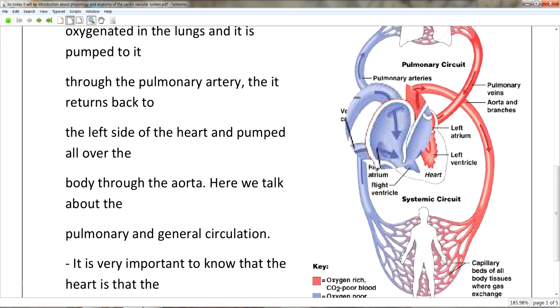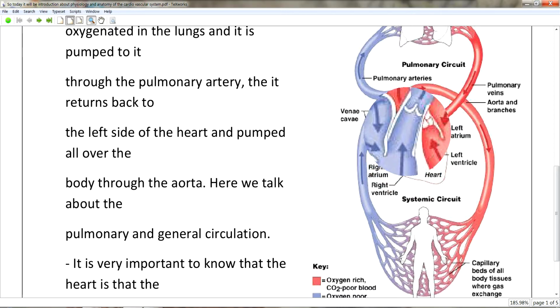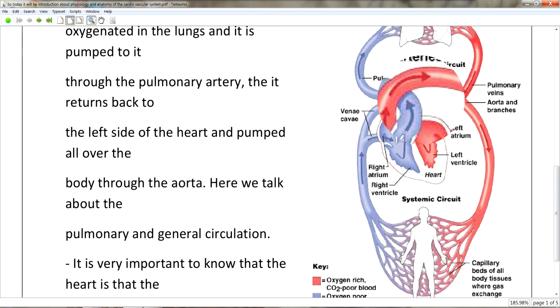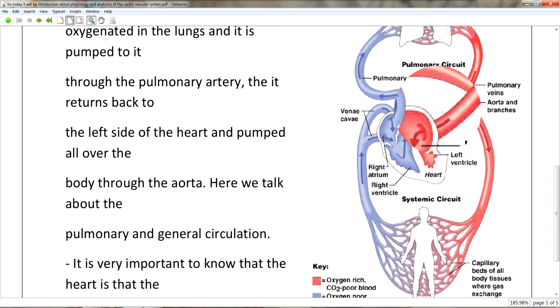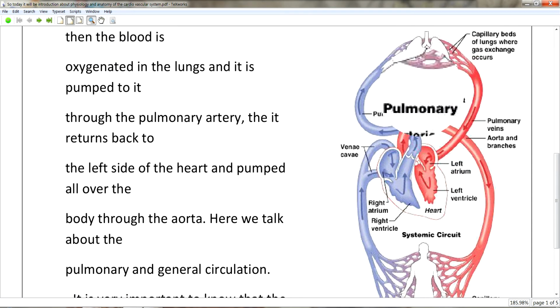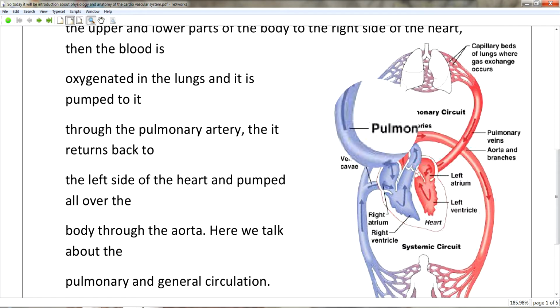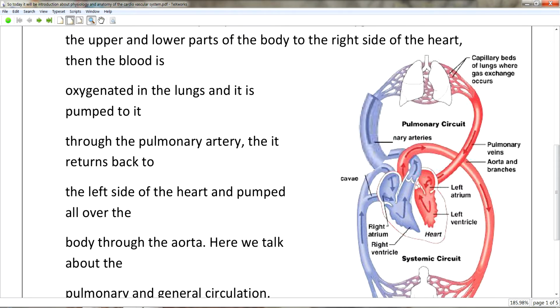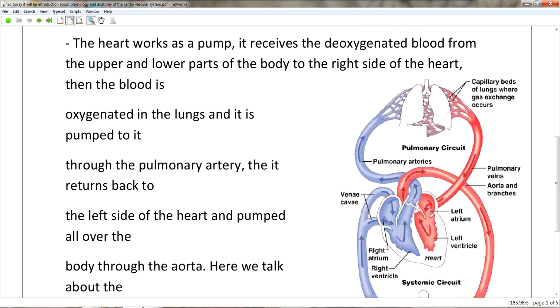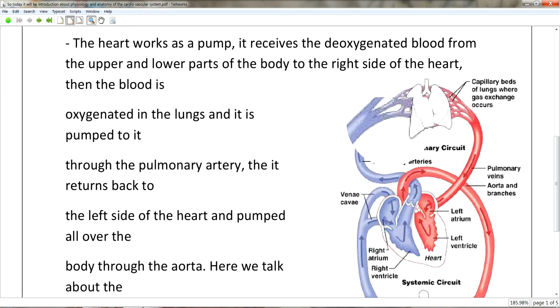From the right atrium to the right ventricle, from the right ventricle to the pulmonary artery, the pulmonary artery to the lungs. This is the pulmonary artery. It is blue because it carries deoxygenated blood.